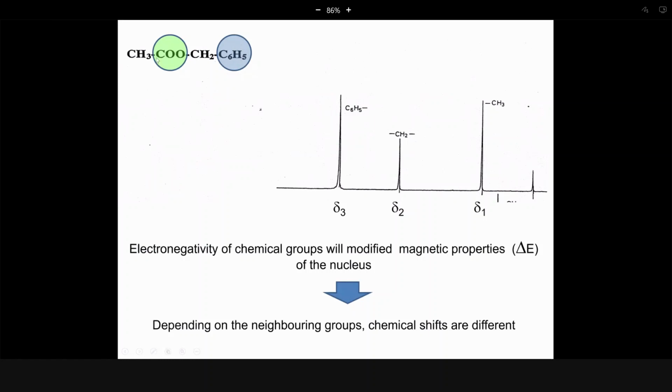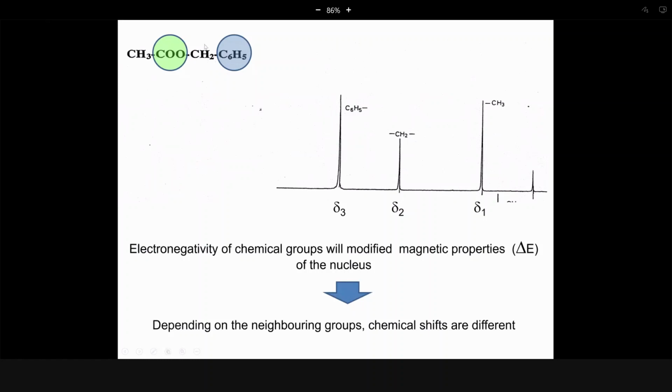A methyl group usually is around 1 ppm, but here I have an ester function. So the ester, we just saw that it has a withdrawing effect. So the chemical shift of the methyl should be a little bit higher than 1 ppm.